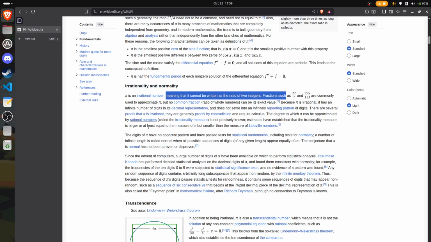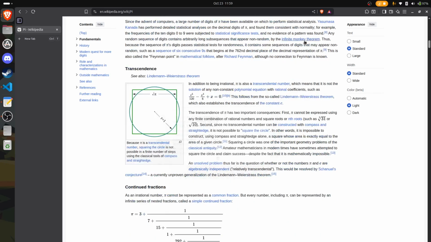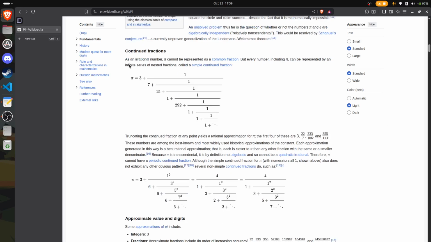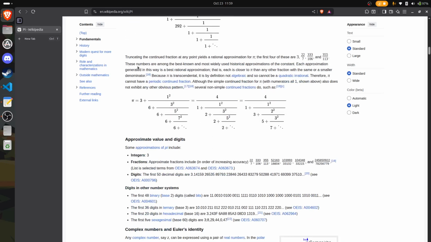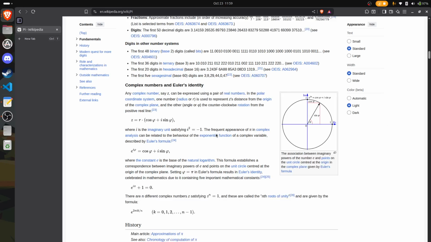Sure. Okay. And it comes up in a lot of math. Basically, the number of digits in pi, at least in base 10, seems to go on forever. But there's various ways of approximating it. Any time you see pi written out, whether it's 10 digits or a million digits, it's still an approximation, which is just so weird.